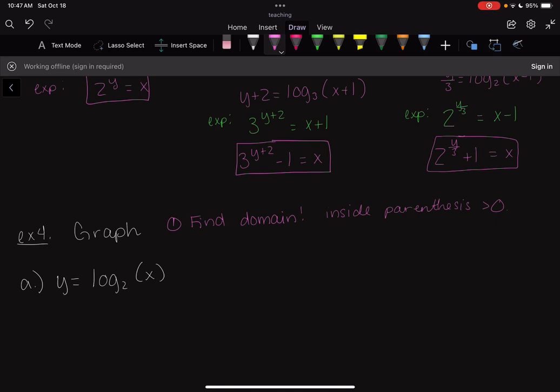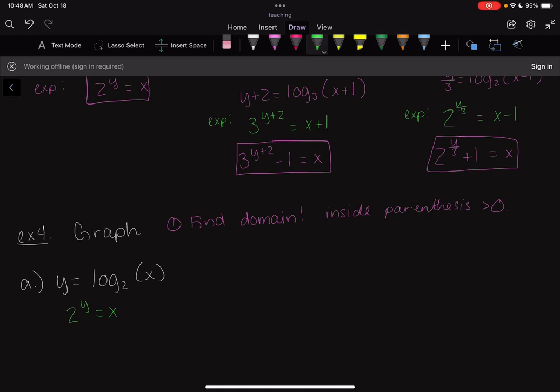Now the reason for this, remember what this is saying. Let's move it into an exponential to really take a look at it. So as an exponential, this would be 2 to the y equals x. If x equaled 0, is there any exponent you could put on 2 for it to become 0? The answer is no, it can't happen.